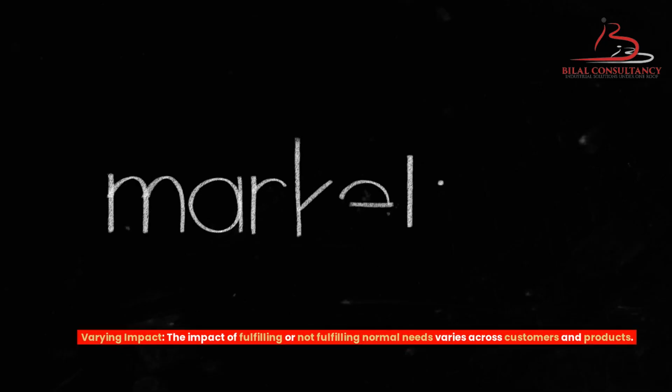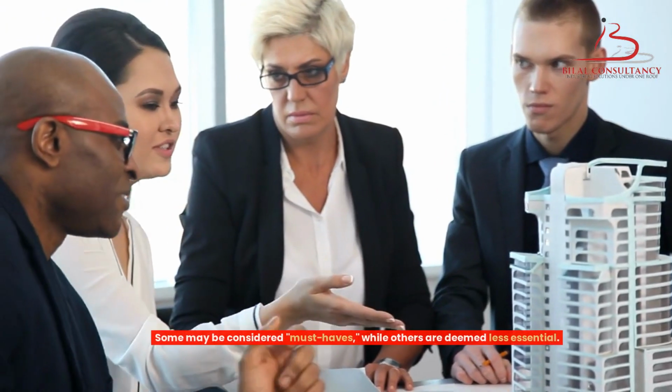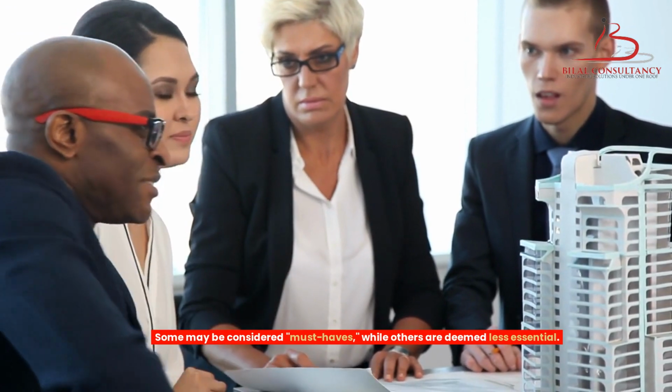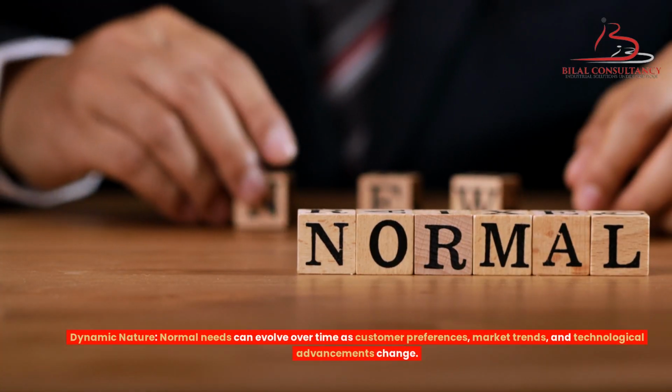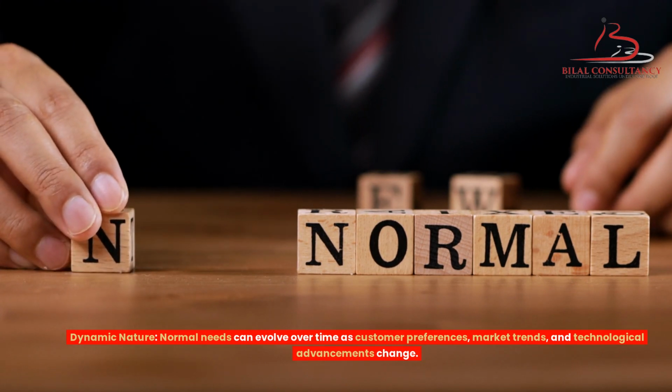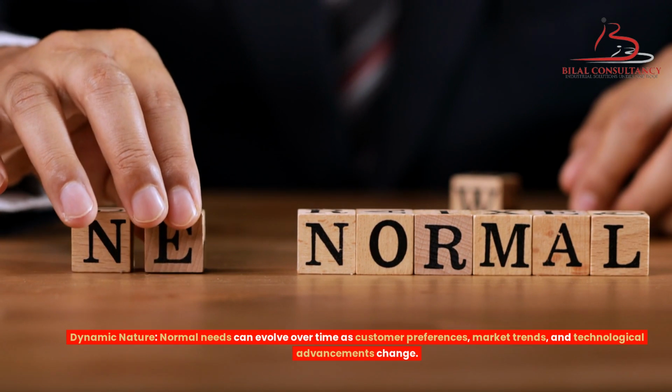Varying impact. The impact of fulfilling or not fulfilling normal needs varies across customers and products. Some may be considered must-haves, while others are deemed less essential. Dynamic nature. Normal needs can evolve over time as customer preferences, market trends, and technological advancements change.